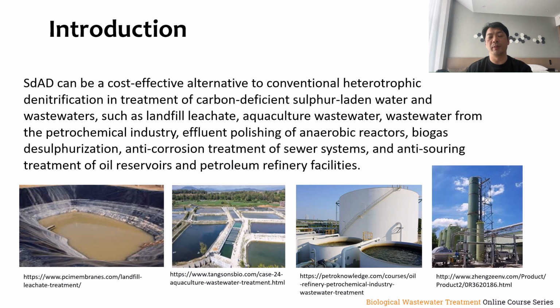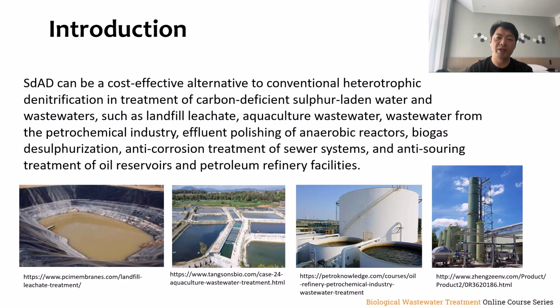Following anaerobic treatment, effluents may still contain undesirable levels of nitrates. Sulfur denitrification provides an effective polishing step, enhancing the overall treatment efficiency. One more example: during biogas production, hydrogen sulfide must be removed to prevent corrosion and to meet quality standards for energy use.